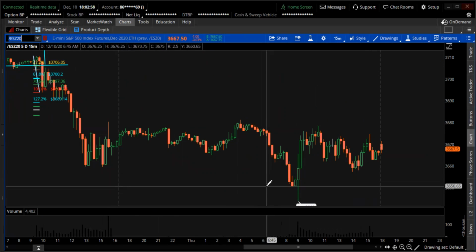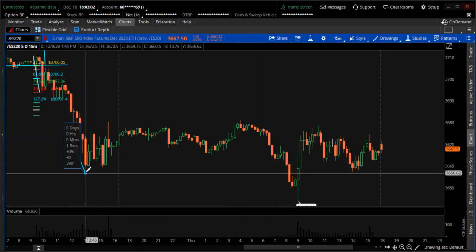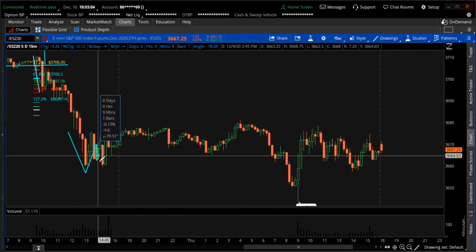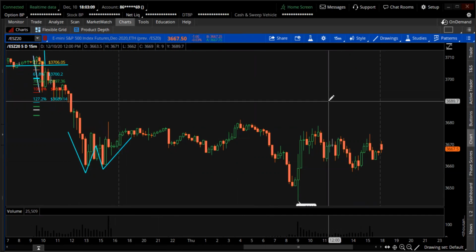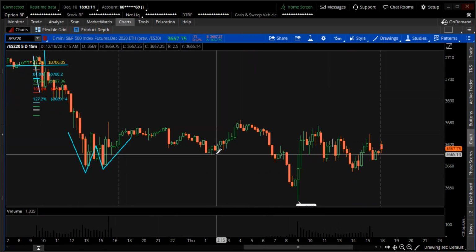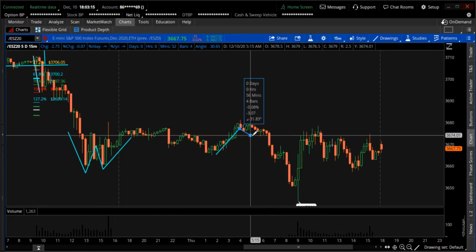And so, like I said, you need to have the lines of your W pattern, and what I look for is the double bottom or double top. So this is a double top here.